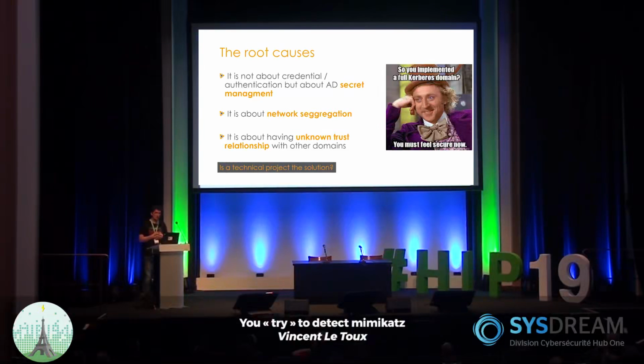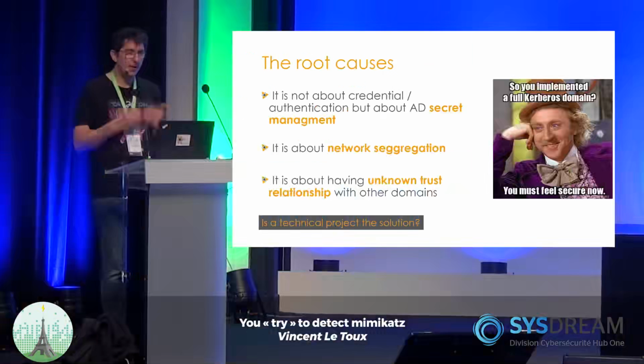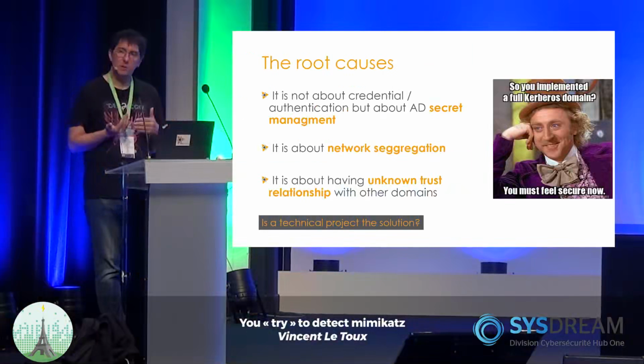The second problem is more about network segregation. I mean, on the field, I see that when you put a domain controller in the data center, you need to open the flow to every computer of the company because it has to do it to make it work. So, very surprising. And because you have this network which is so wide open, that explains why a workstation can behave like a DC.